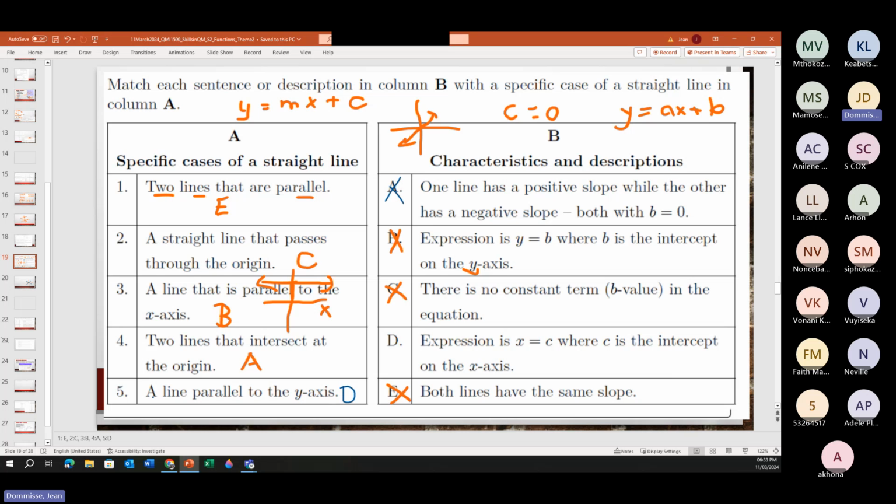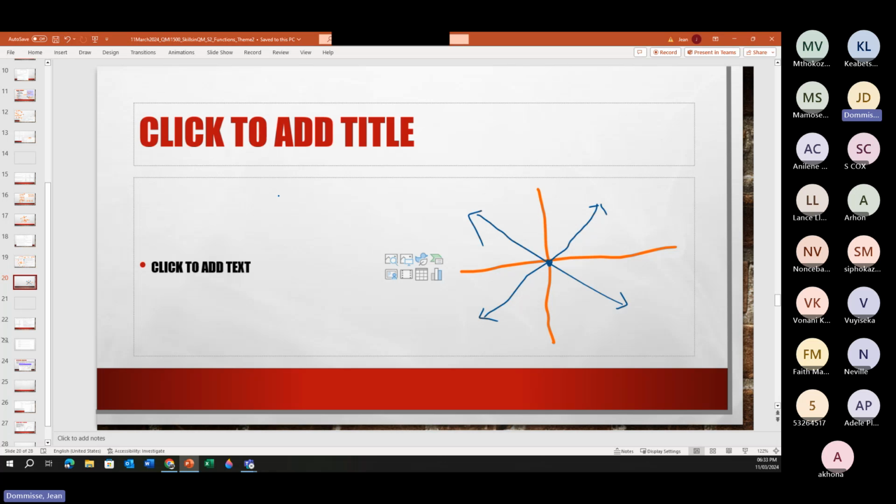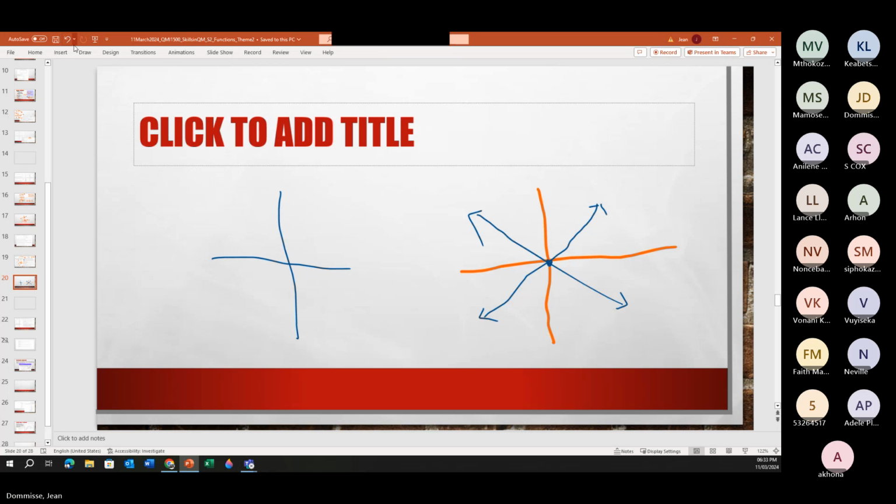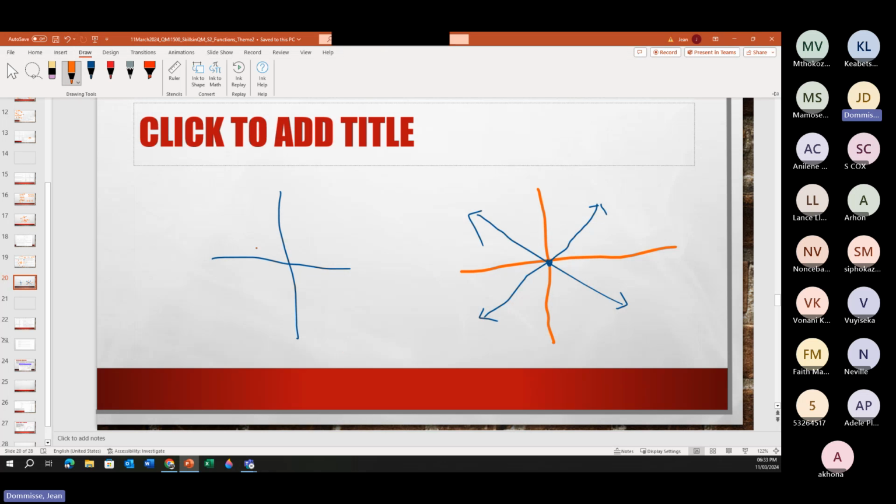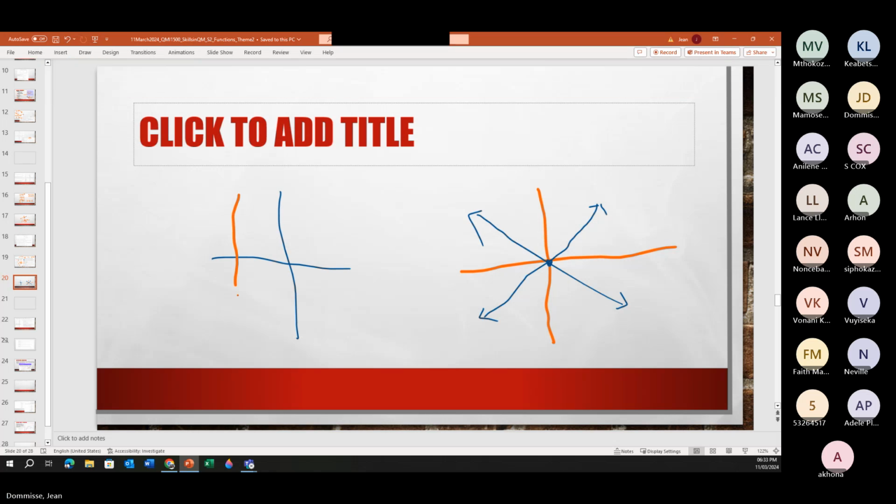But again, a line parallel to the y-axis. So let's draw that as well. And let's now use it. So a line parallel to the y-axis.